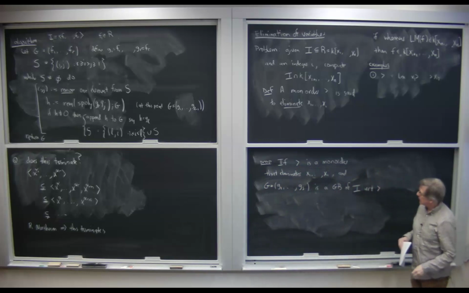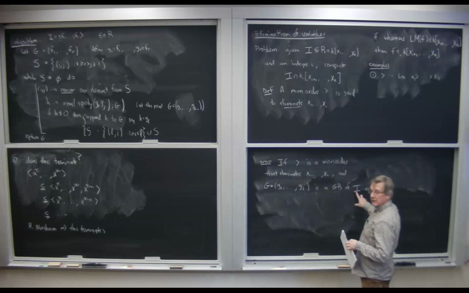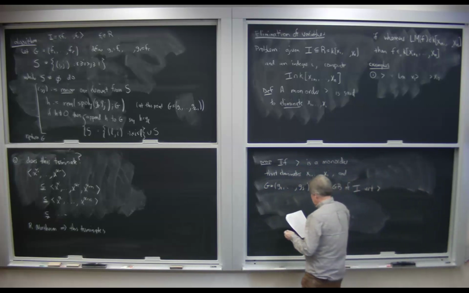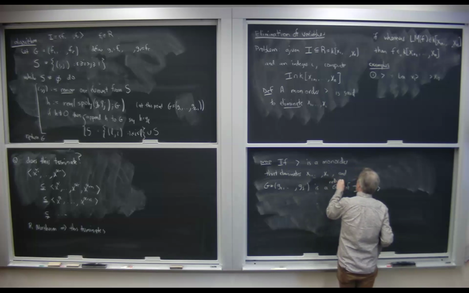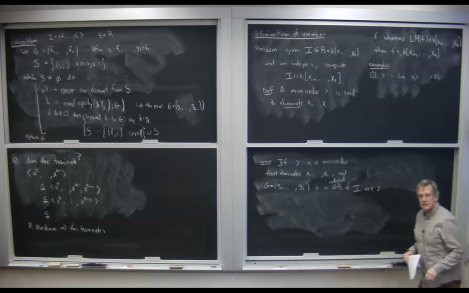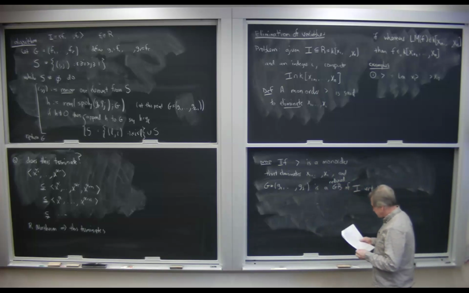So I have some ideal, and now I have a Groebner basis of it. We happen to know that it generates the ideal. So let's say it's a reduced Groebner basis. I don't think I need that, but let's say it's a reduced Groebner basis.